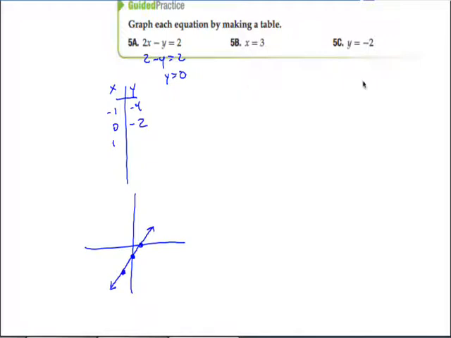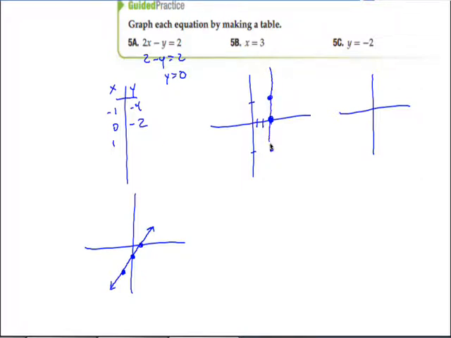Let's take a look. I'm going to go ahead and walk you through 5B and 5C because those are the tricky ones. No matter what number I pick, here they're telling me x is 3. Okay? And when they tell me x is 3, literally all I have to do is find where x is 3, and x is 3 at every single y value no matter what I pick because y isn't a part of the equation.